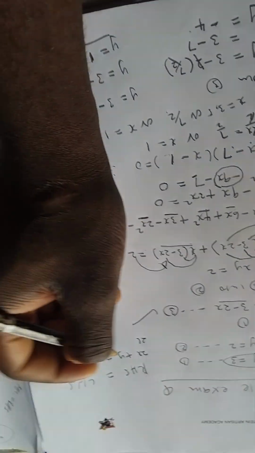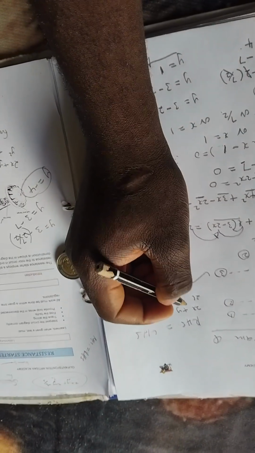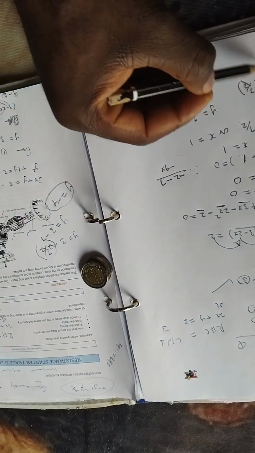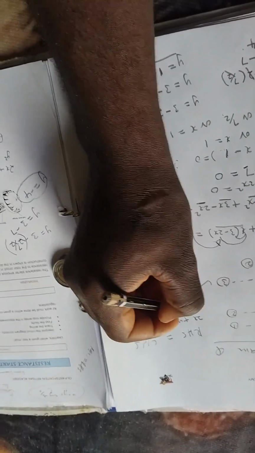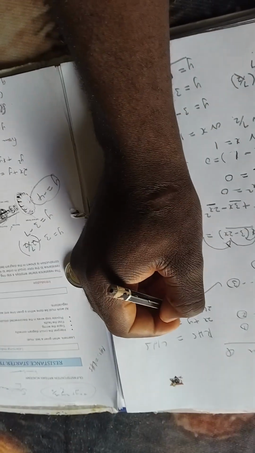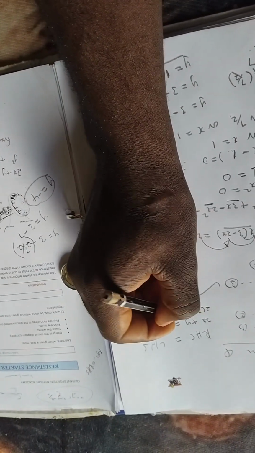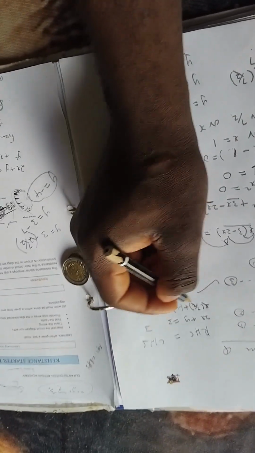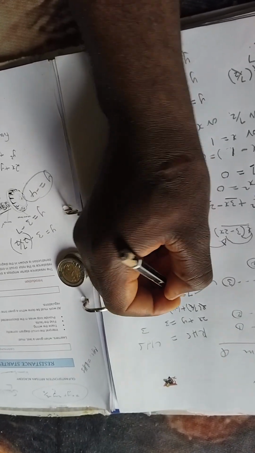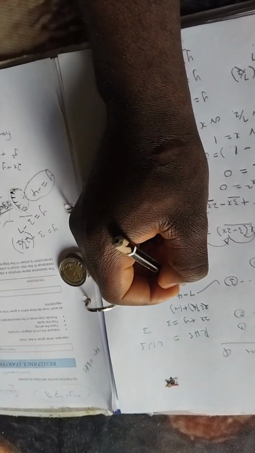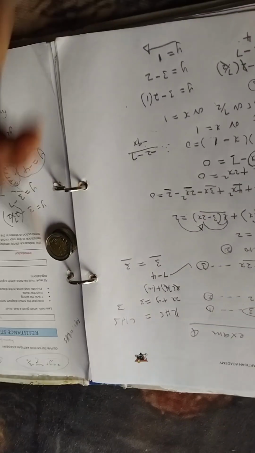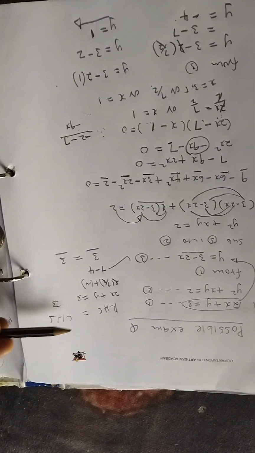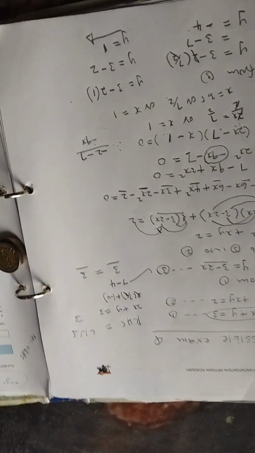Our first x is 7 over 2, plus our y, which is negative 4. The 2s cancel, so it's 7 minus 4, which is equal to 3. So both sides are equal. Left hand side is equal to right hand side.